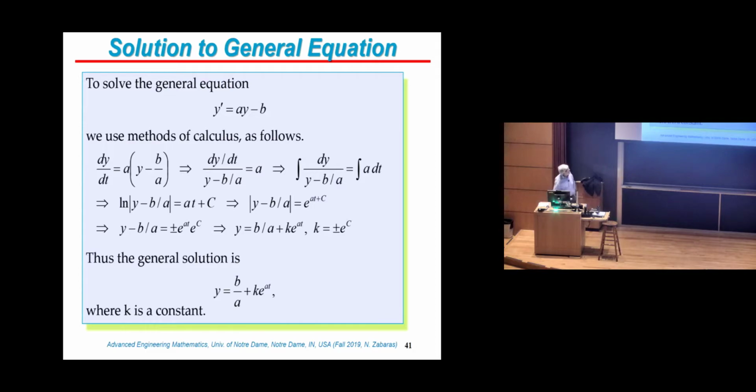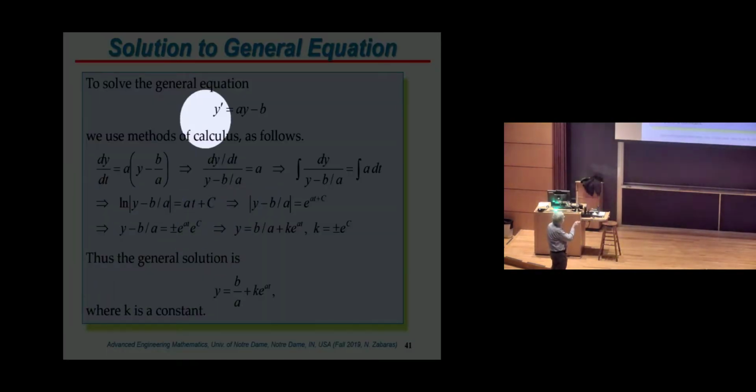And this is the general form of this type of separable equation. I'm going to write a very general equation, y prime equal a times y minus b. Generally, a can be positive or negative, and the same for b, but we have it in this form. Again, this is a separable equation.